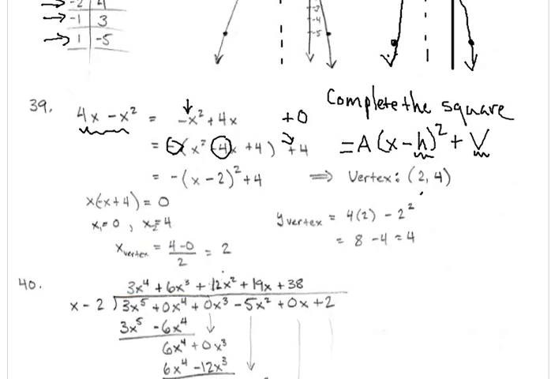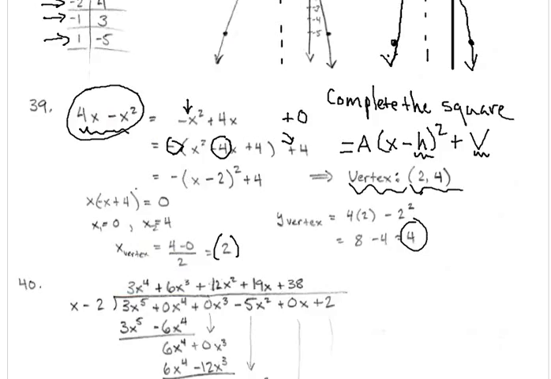The vertex is at the midpoint, right? So the midpoint between 4 and 0 is 2. And then my y vertex would be the function evaluated at 2. So I plug 2 into my expression here, and I get out 4, right? So I found the exact same thing there.